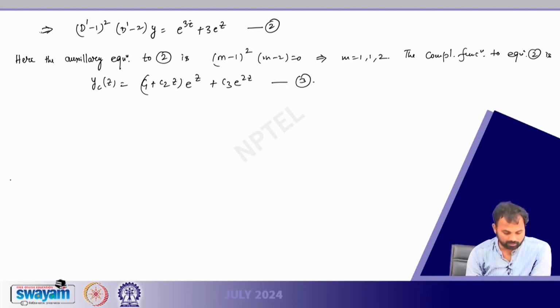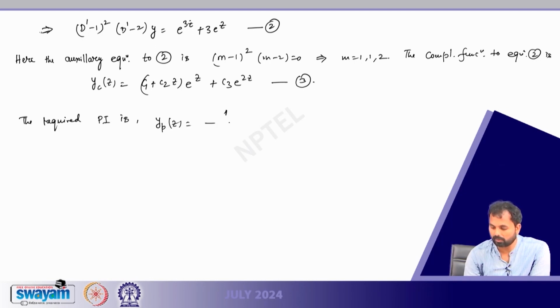Now we are yet to determine the particular integral. So the required PI is given by y p of z equals 1 by D dash minus 1 whole square and then D dash minus 2, of e to the power 3z plus 3 e to the power z.